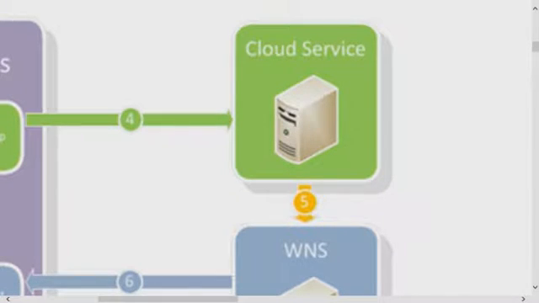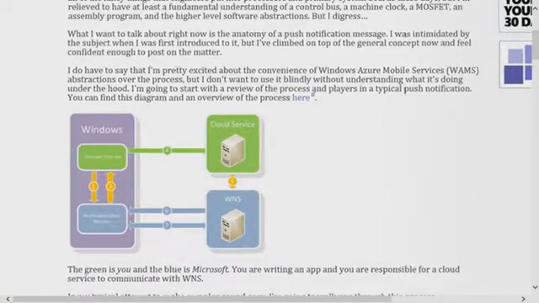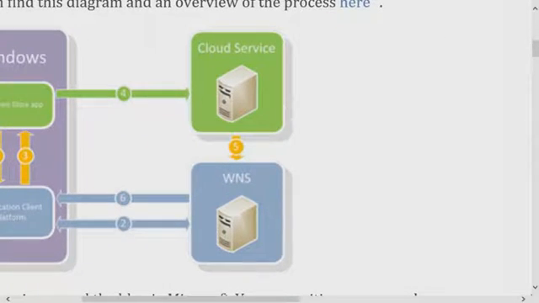Now you've got to write this web service. Fundamentally, this is something that's in your realm of responsibility as a developer. So this cloud service, now you're going to find a secure way to get this channel URI up to that cloud service. Now, once you've done that, your cloud service is actually the one that initiates with the Windows notification service.